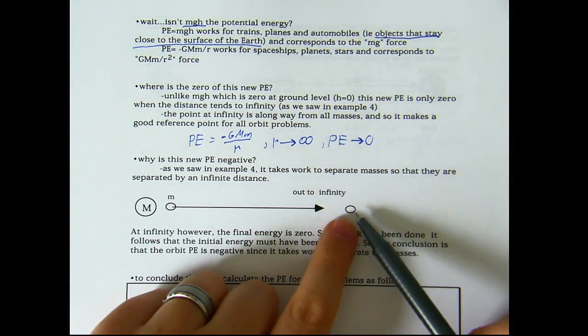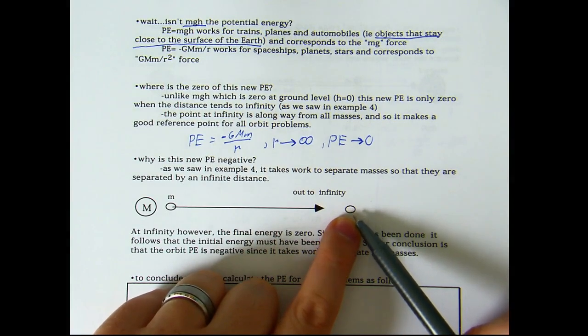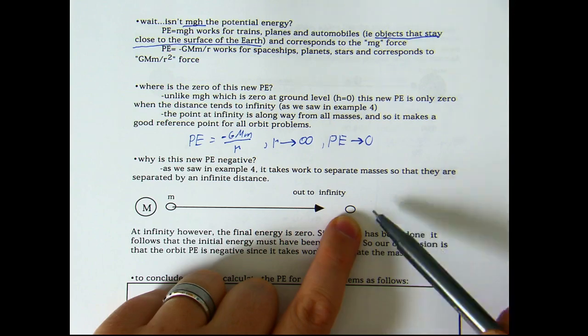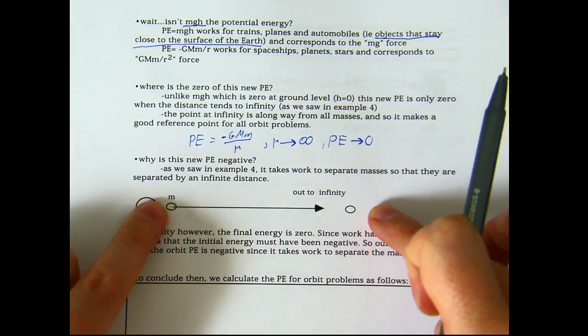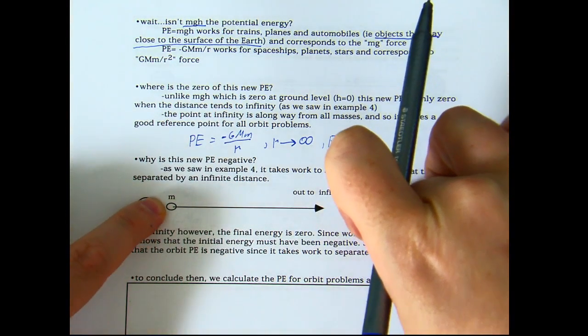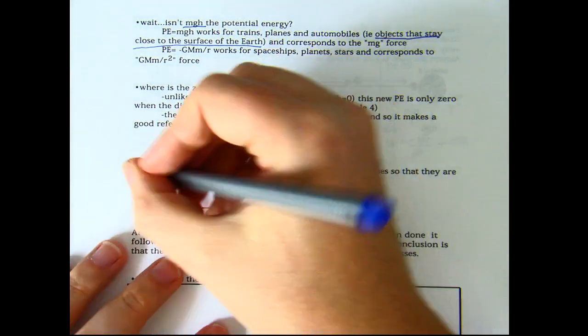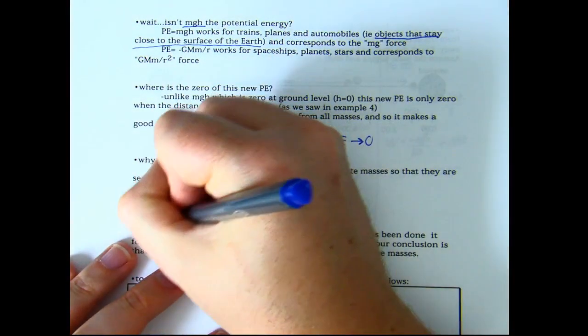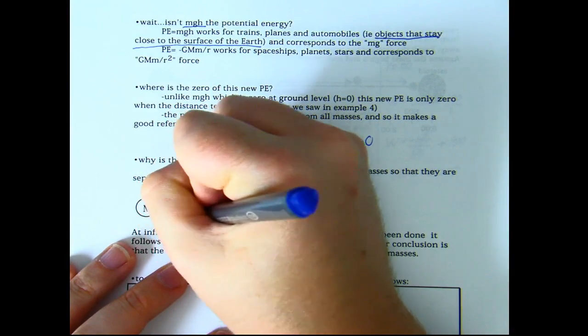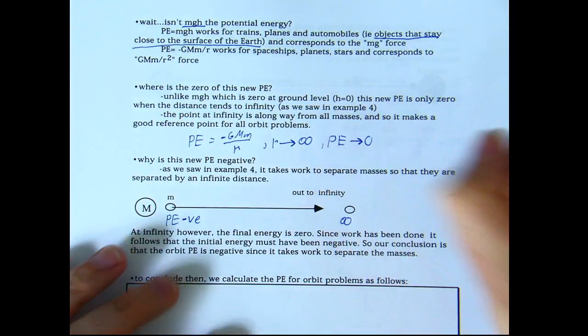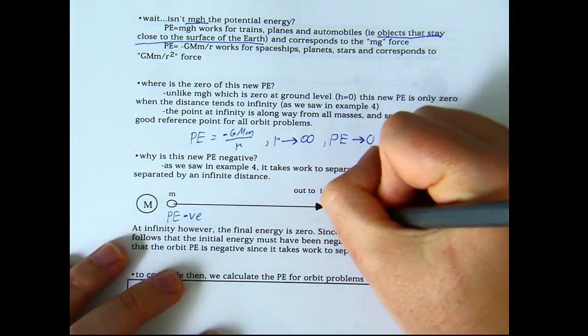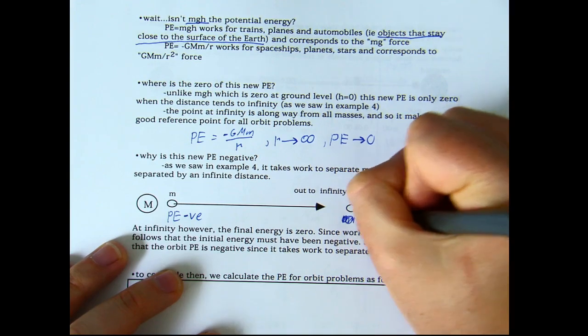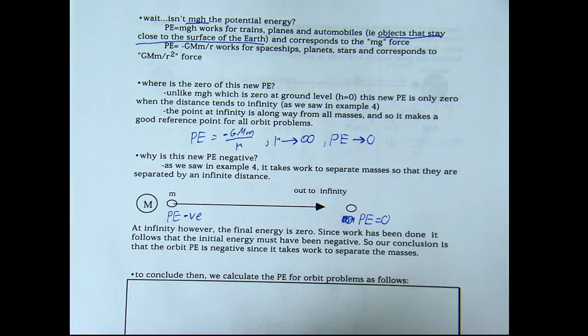If potential energy here is 0, and it takes work to separate the masses so that they are apart, potential energy here has to start negative to have work put in to approach 0. I'm not sure if you understood what I just said here.